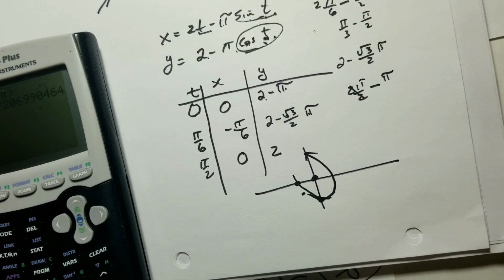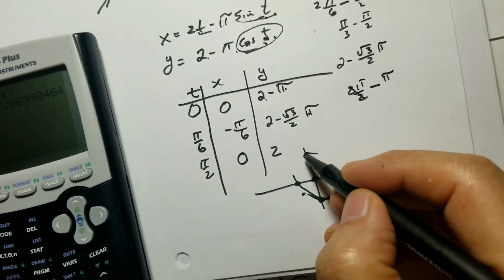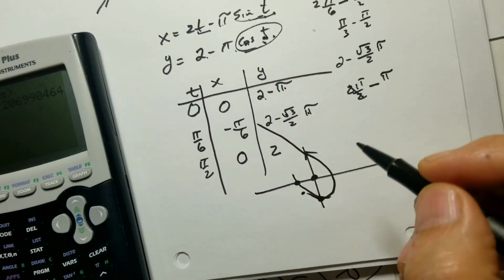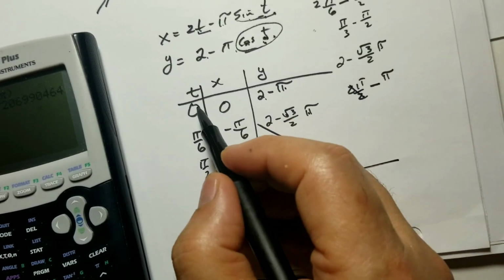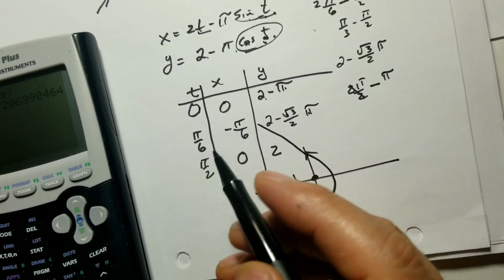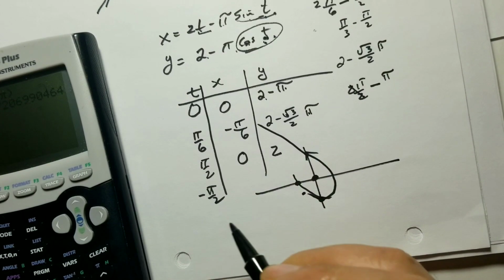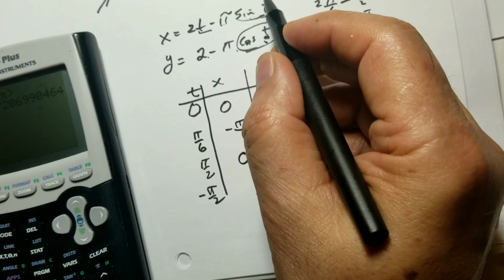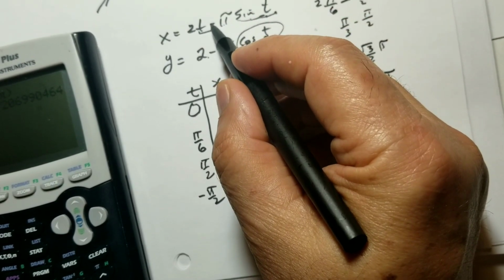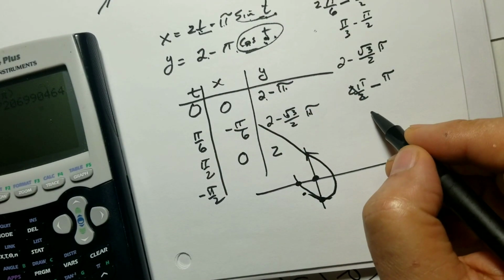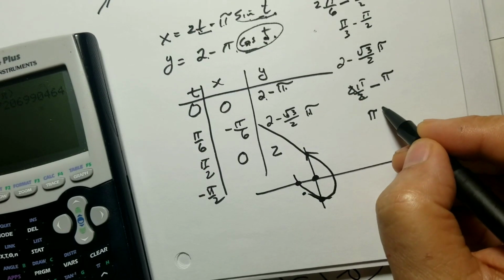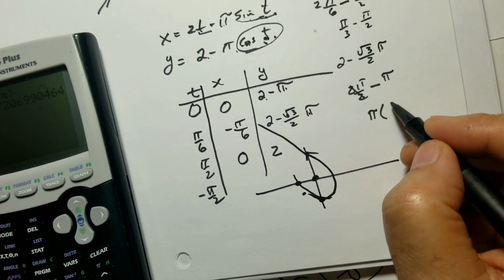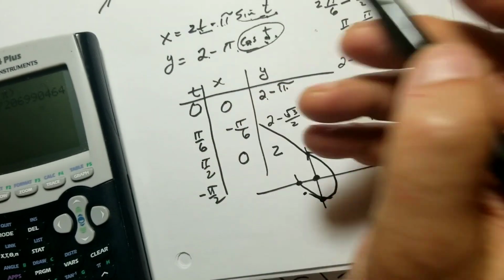Okay. Then it's going to go up in that path. But I'm going to pick a pi right here someplace. Let me put a negative pi over 2 right here. Sine of negative pi over 2 is negative 1. Negative times negative is positive. Therefore, it becomes pi times sine of pi over 2, which is 1, and that's pi.